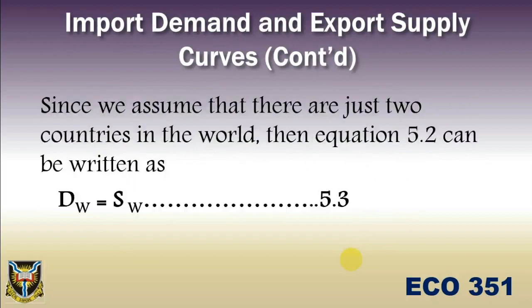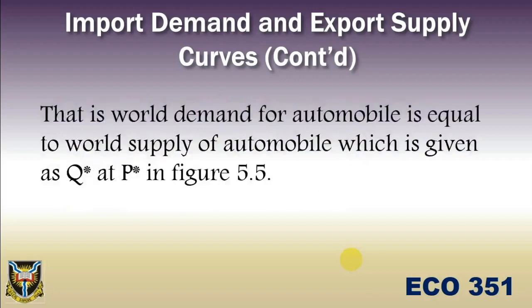Since we assume that there are just two countries in the world, then equation 5.2 can be written as DW equals SW. That is, world demand for automobile is equal to world supply of automobile, which is given as equilibrium quantity at the equilibrium price in figure 5.3.